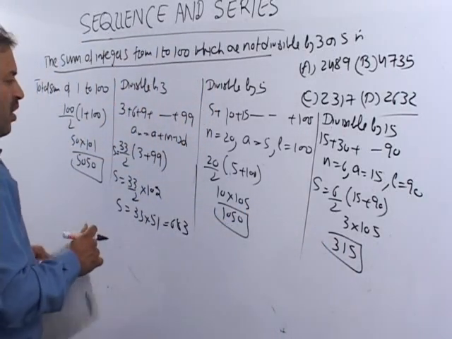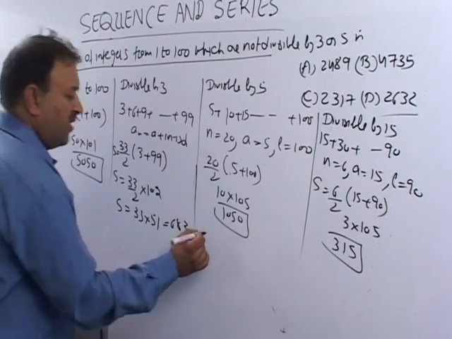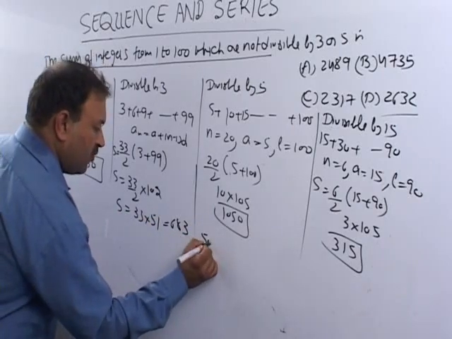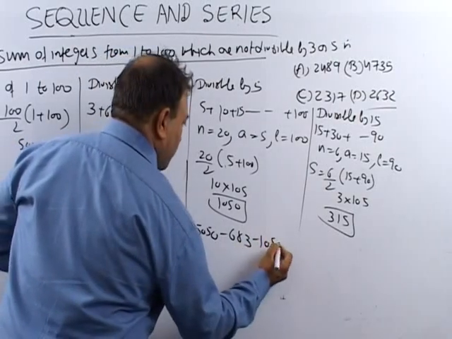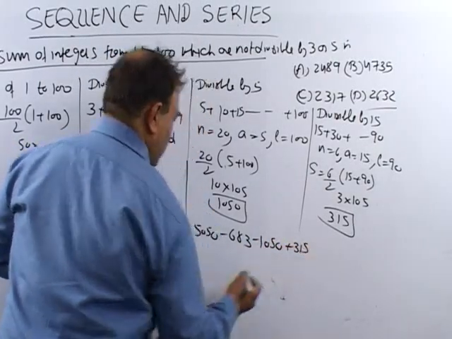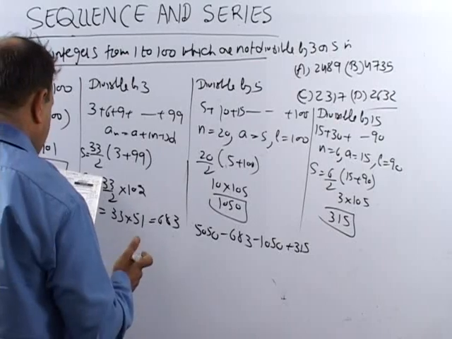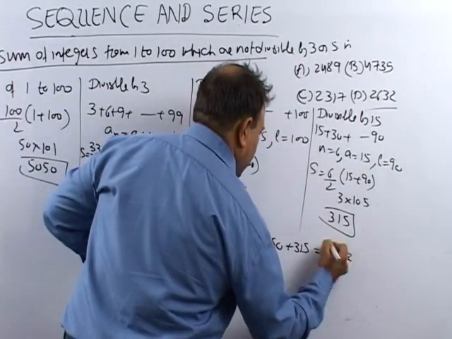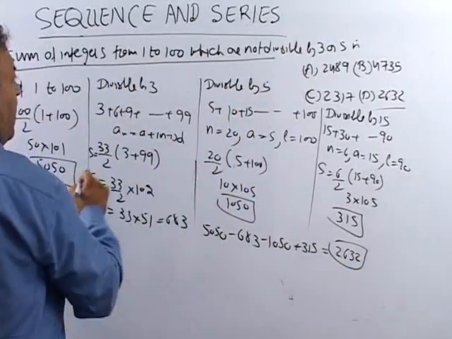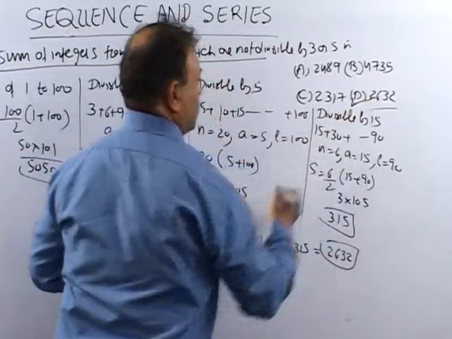So our answer will be what? Not divisible by 3 or 5 is 5050 minus 683 minus 1050 plus 315. We find out, we will get the right answer as 2632, and the right option comes out to be this one.